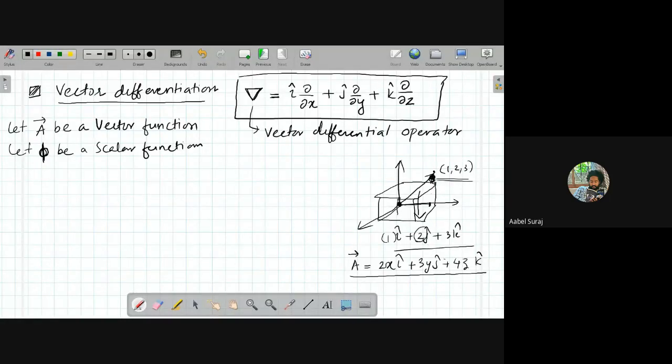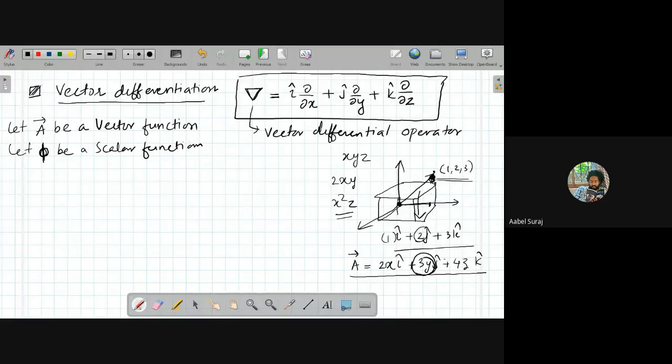Here 2 is a scalar quantity, and 3y would also be a scalar quantity. There is no vector notation here; the coefficient 3y is a scalar quantity. A scalar function can be anything, for example xyz, 2xy, or x square z. These are all examples of scalar functions. So I have defined a as a vector function and phi as a scalar function.